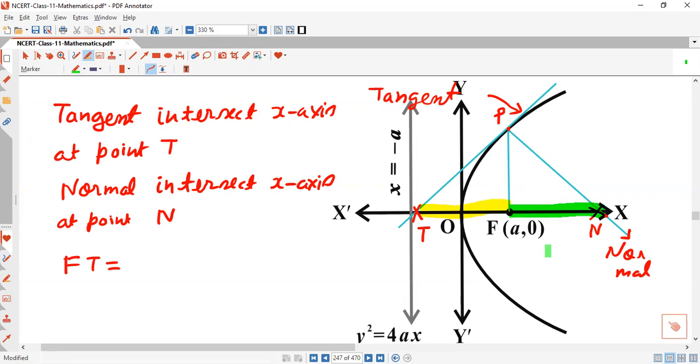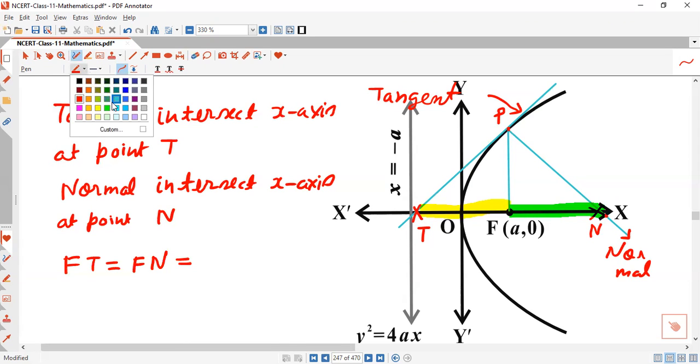These distances are equal, FT equal to FN, and also these are equal to FP.